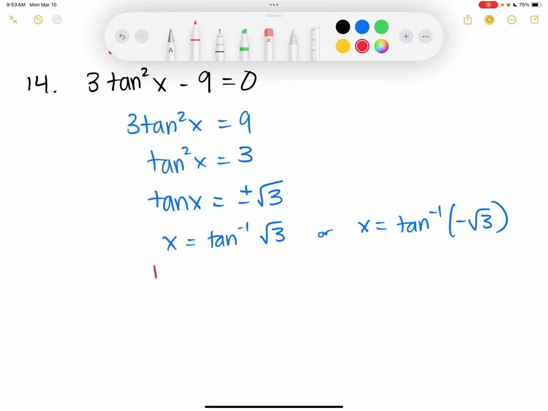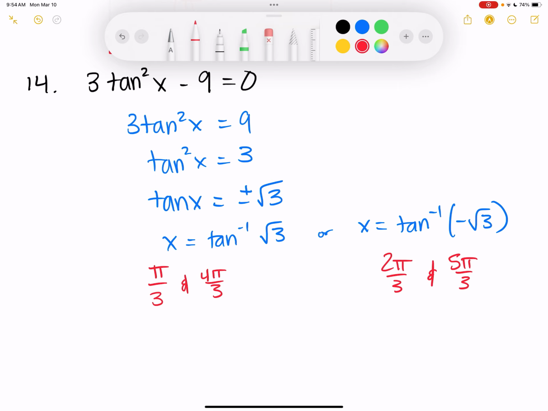It occurs at pi over 3 and also at 4 pi over 3. We're not adding anything yet. What about this one? Where is it negative root 3? The mirrored side: 2 pi over 3 and 5 pi over 3.